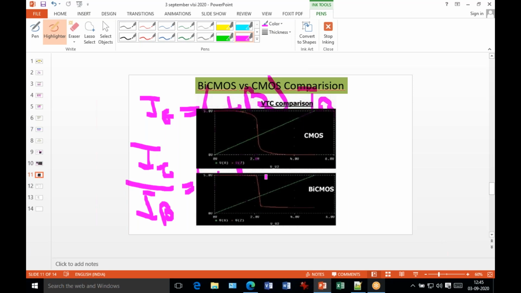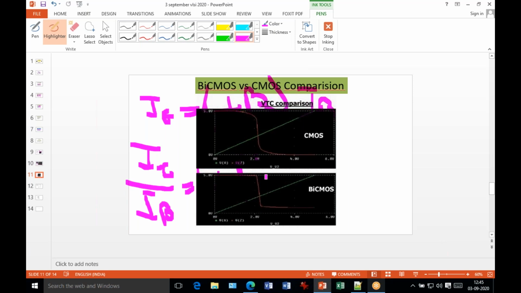Now we are talking about the characteristics point of view. Actually, this is the DC characteristics. I already discussed it in the previous lecture. What is the DC characteristics? We are plotting output versus input voltage.